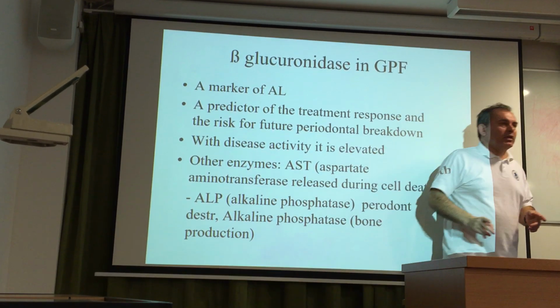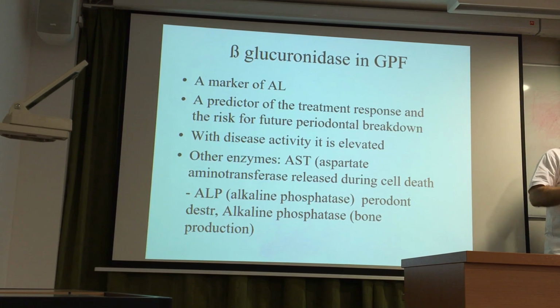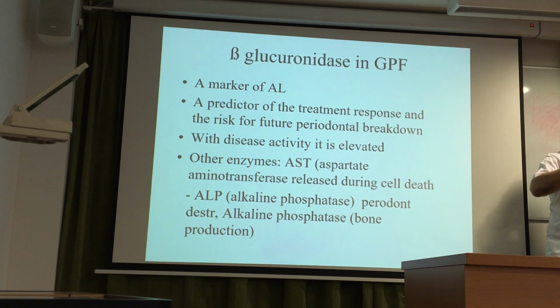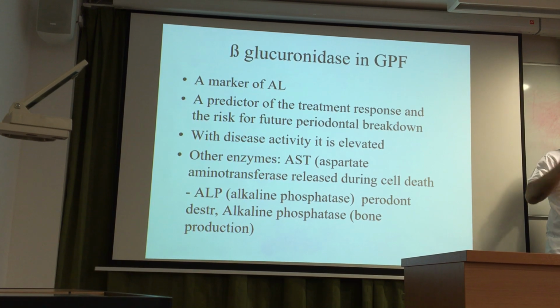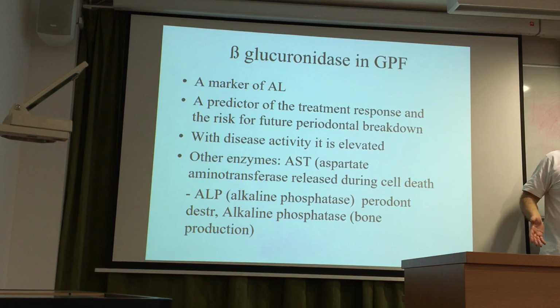AL means attachment loss. In periodontitis, you can diagnose the disease when you have attachment loss, meaning migration of the epithelial attachment apically. So gingival retraction and bone destruction, bone loss, attachment loss, this is similar.